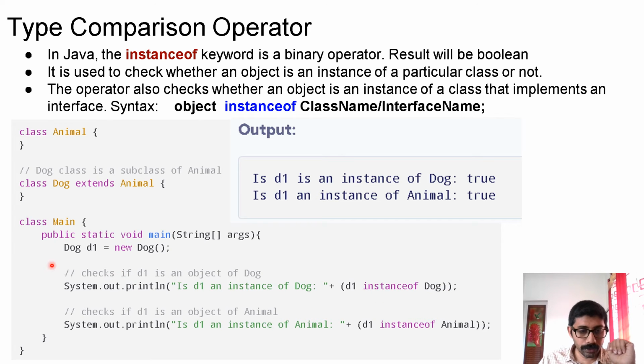It is true because d1 is an instance of class Dog. Now I am checking d1 instanceof Animal. You will get true because d1 is actually derived from class Animal. It is an instance of class Dog, which is again inherited from Animal. So d1 instanceof Animal will also give you true. So this is a new operator introduced in Java.